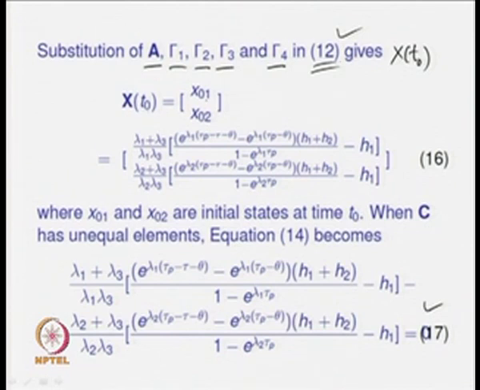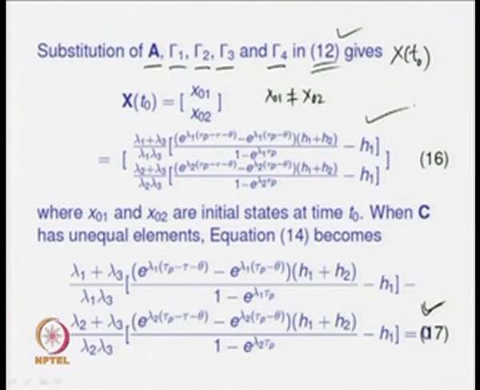That time x(t0) gives us two values, x01 and x02, assuming that x01 is not equal to x02; it can be equal also depending on the values of A, gamma 1, gamma 2, gamma 3, gamma 4. When it is not equal, equation number 17 is obtained, in which x01 is obtained as (lambda 1 plus lambda 3) upon lambda 1 lambda 3 times (e to the power lambda 1 (tau p minus tau minus theta) minus e to the power lambda 1 (tau p minus theta)) times (h1 plus h2) upon (1 minus e to the power lambda 1 tau p) minus h1.